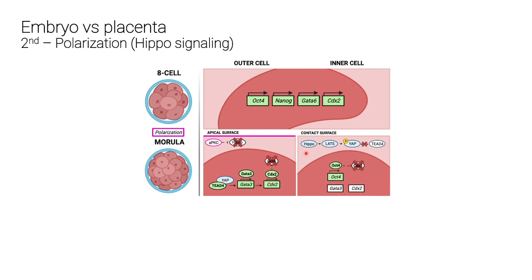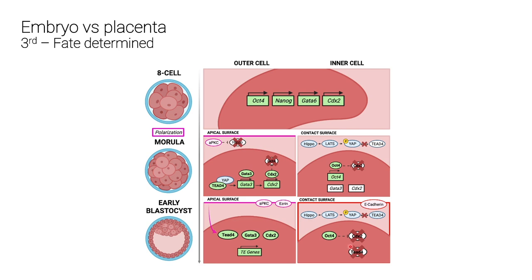And so over time, in these inner cells, due to reciprocal inhibition and lack of Hippo inhibition, we get OCT4 slowly increasing. Those cells eventually will have fully dampened and inhibited the expression of the placental or alternative lineage, and will be solely expressing the transcripts of the embryo.